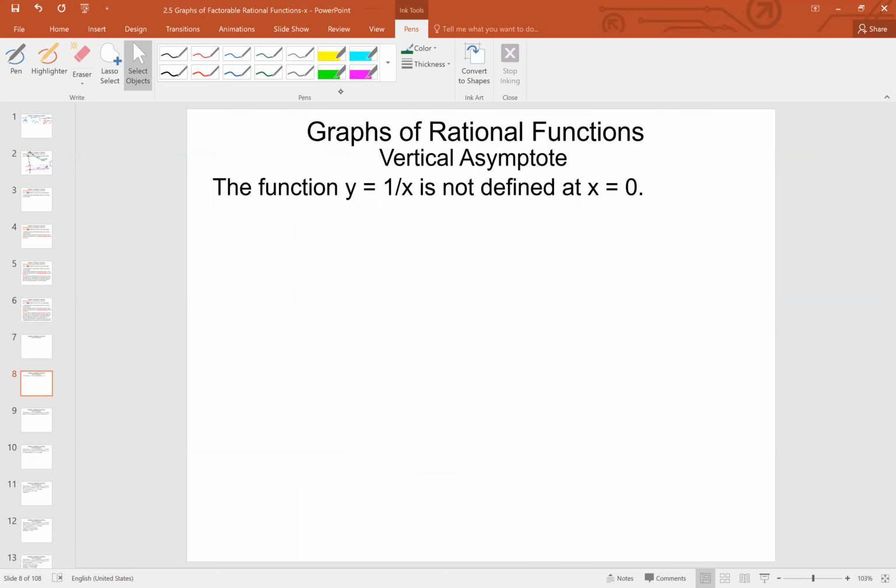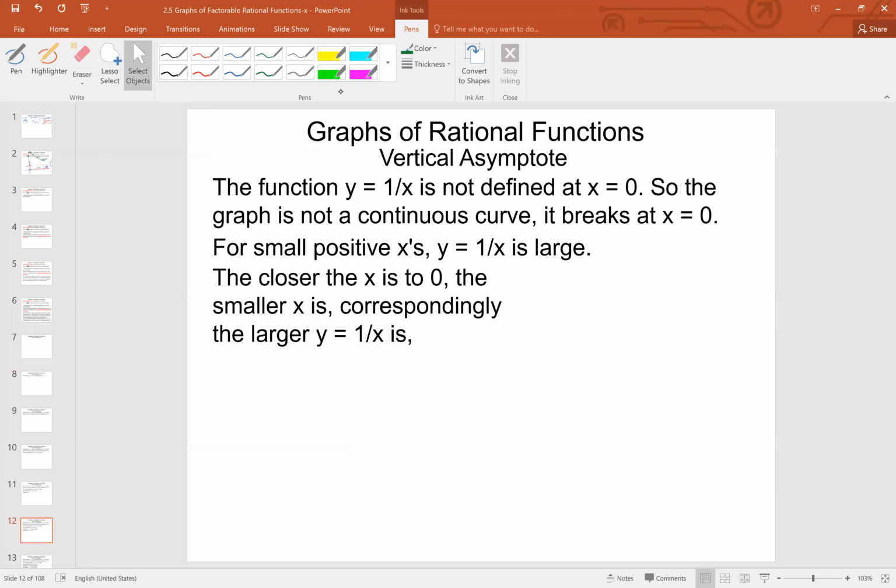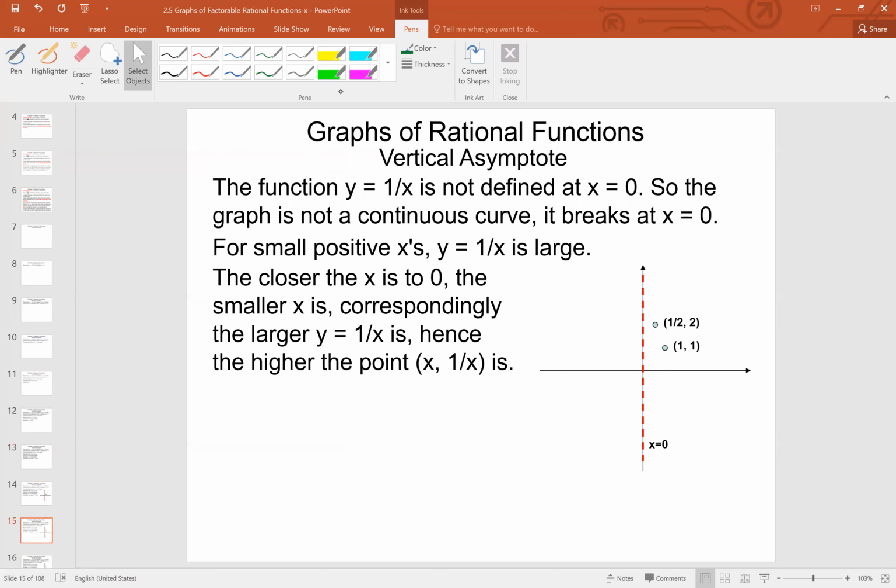So the vertical asymptote, just as I said: if I take y equal to x and reciprocate it as 1 over x, and plot it point by point, as x gets closer and closer to 0, y becomes bigger and bigger, 1, 2, and begins to flip up. So I get a curve that goes to positive infinity. Let me contrast this with the line y equal to x.